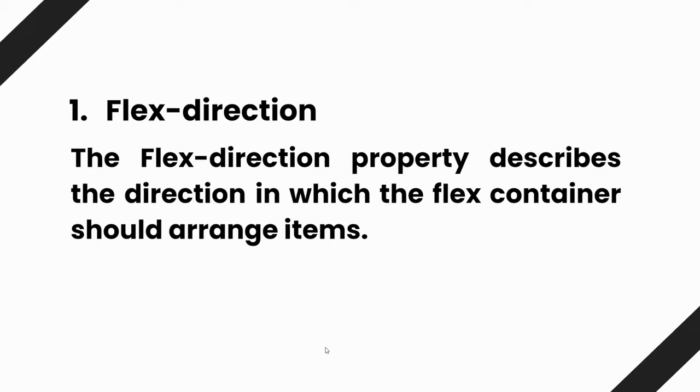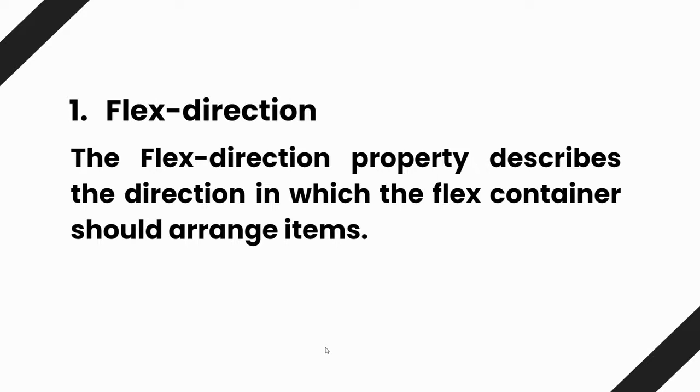So first we have the flex direction. The flex direction property describes the direction in which the flex container should arrange items. Like I said before, the flex container is the container element. By that we mean it's the one that holds other elements inside it.